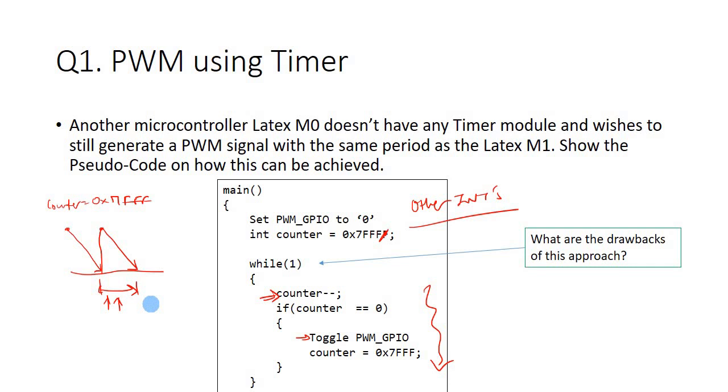So it is a very ineffective way of generating a PWM signal if you really want a very accurate signal with a specific duty cycle, because the time between the start value and the time you reach zero can always vary if there are other interrupts in the system or other things you want to do in between. So it's not a very effective way of generating a PWM.